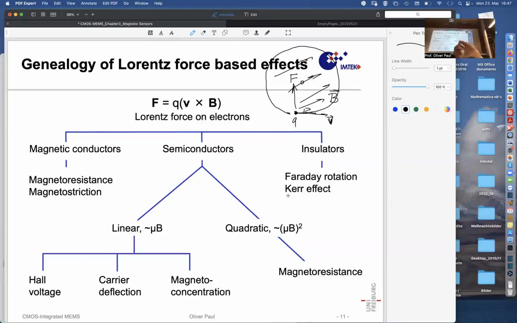You have this material, transparent for instance, and you send in a polarized beam of light, and normally this goes just through and comes out with the same polarization at the other side.